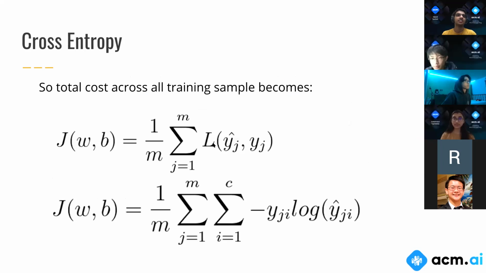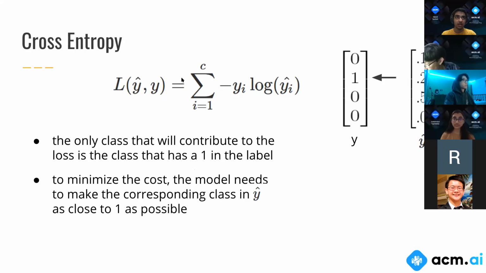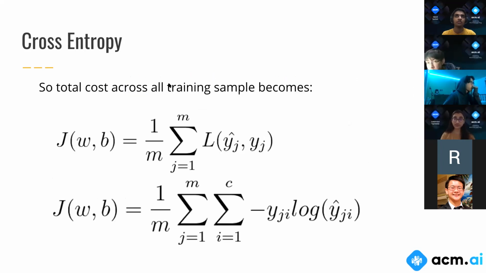And so just doing that over all of our samples. This is for exactly one training data point, so one prediction and one label. Now we're doing it over M labels.